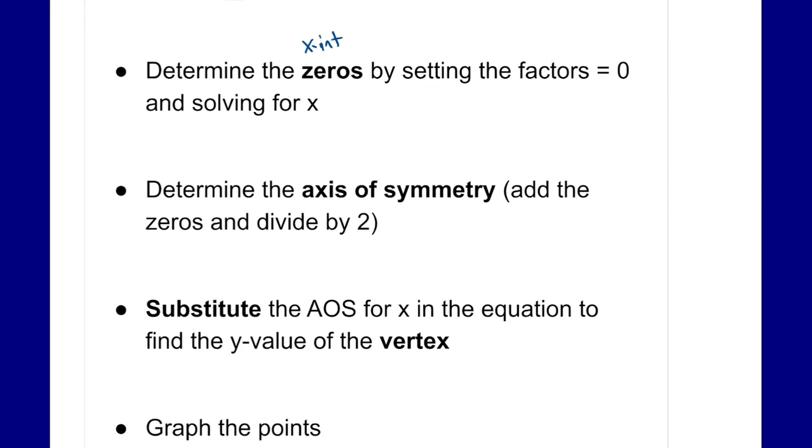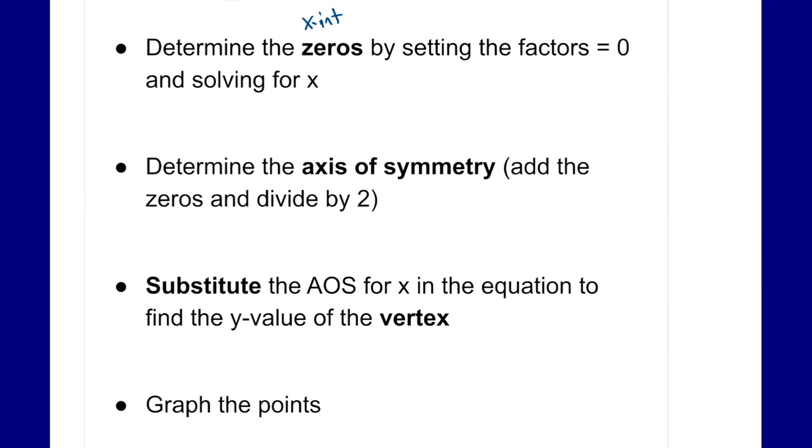Once we find the axis of symmetry, we can plug that into our equation because it is an x value. We can plug that into our equation and use it to solve for y. And the reason we're going to solve for y is because that x value, since it's the axis of symmetry, is going to be the x value of our vertex.